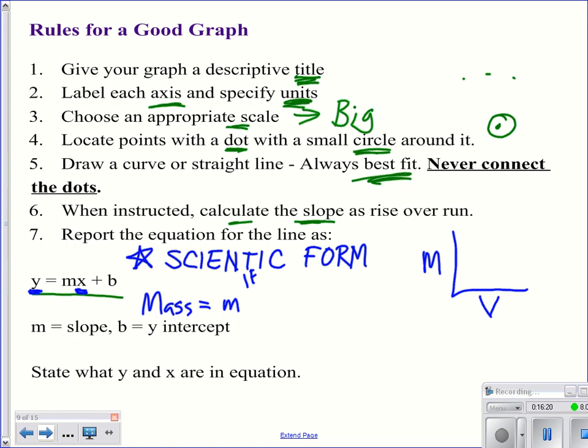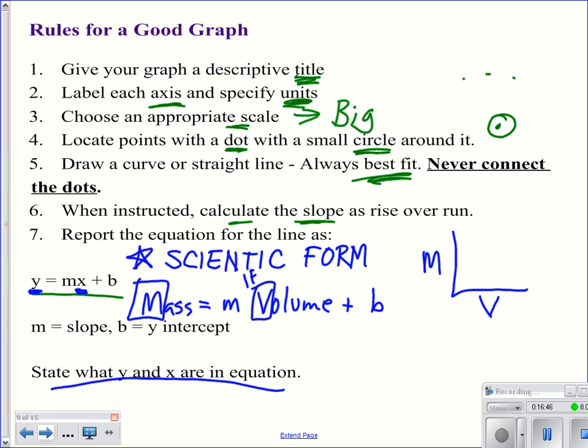And instead of x, you say volume, or maybe a big capital V, plus whatever value you get there. So what scientific form means is that you define your x's and y's. You don't throw in an x and a y. You actually tell me what they are. That's what this is telling you right here.